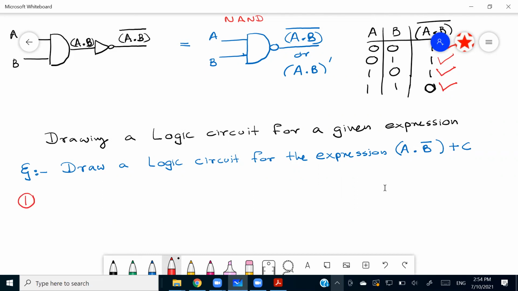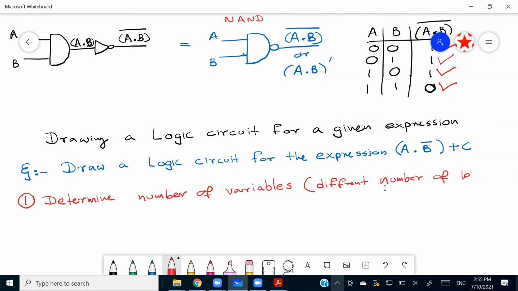So the first thing we have to do is determine the number of variables, the number of different letters in the expression, right?